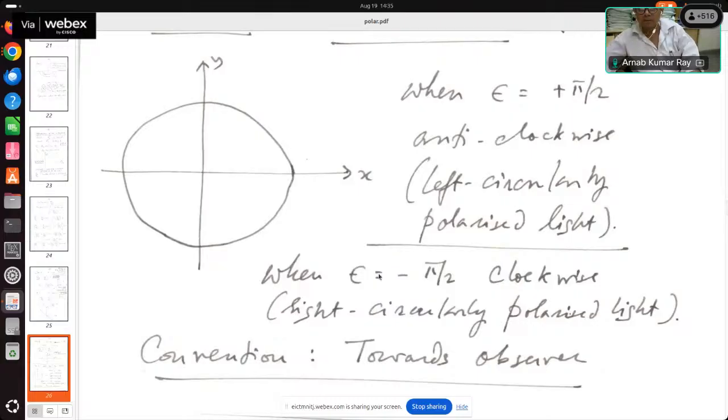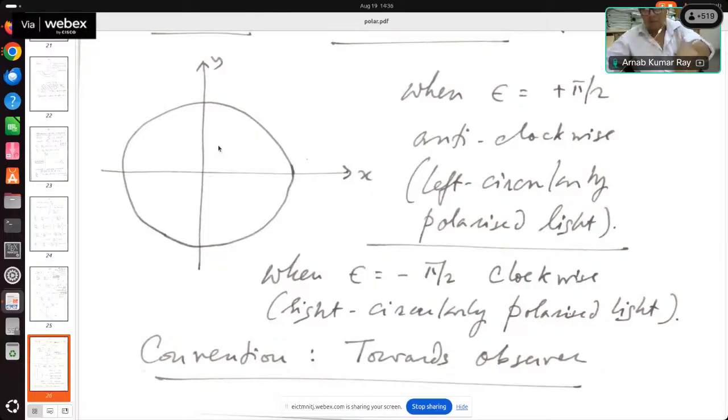But what is the convention of clockwise or anti-clockwise? The light is coming towards you, the viewer. So we are looking at the tip of the electric field vector going up like this if it's plus pi by 2, or going down clockwise if it's minus pi by 2. The light is along the z-axis, and the z-axis is pointing towards the viewer, so we are looking at the light head on, like we would look at a train coming head on.